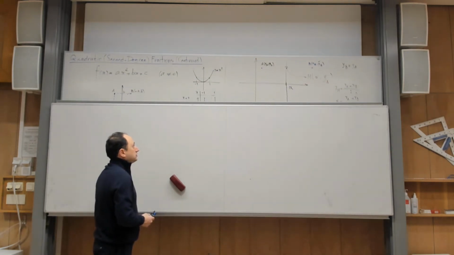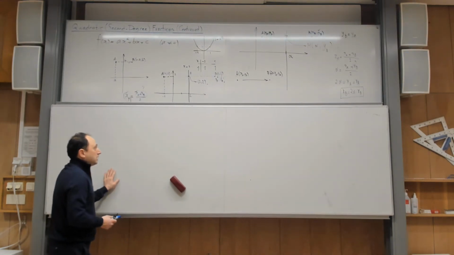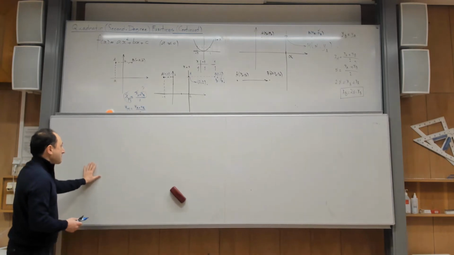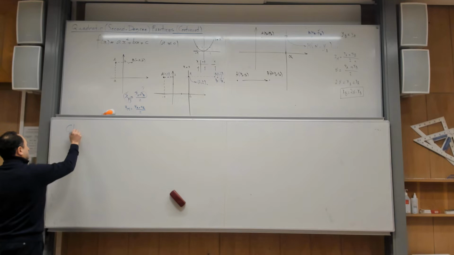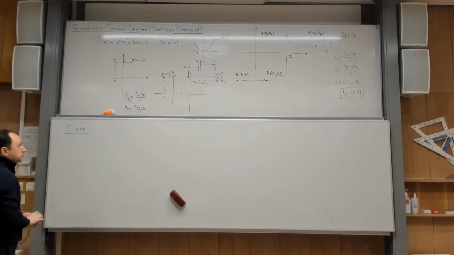Now, let us go back to the case of this parabola. So I want you to use this. My claim is this. Let me write the claim here. And then we want to see why this claim is indeed true.